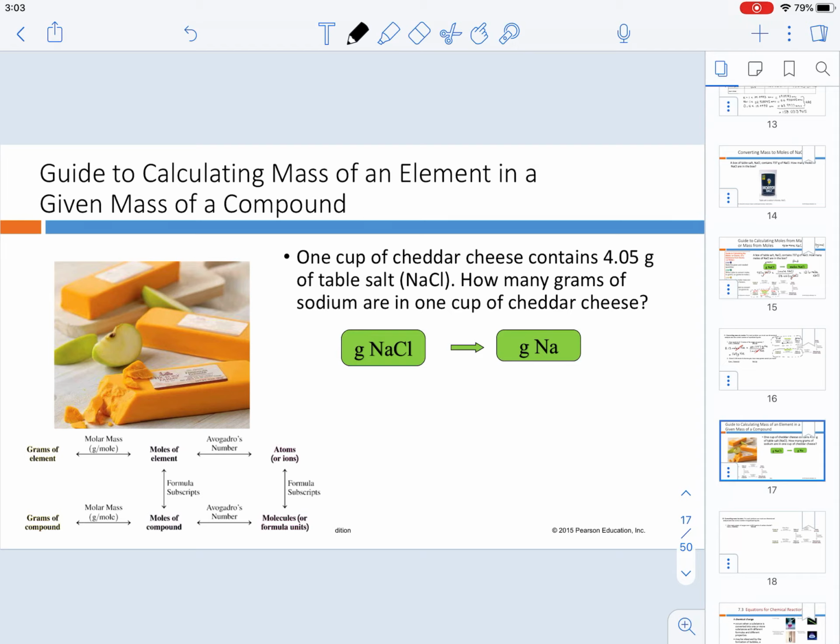So if I utilize my flowchart, which is in the bottom left corner of the slide, let me read the problem first. It says 1 cup of cheddar cheese contains 4.05 grams of table salt. How many grams of sodium are in 1 cup of cheddar cheese?